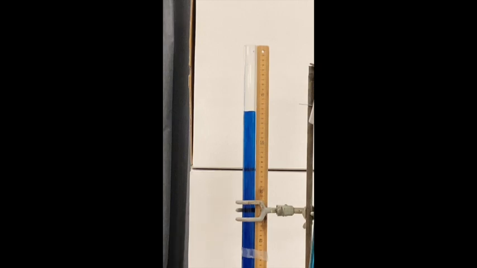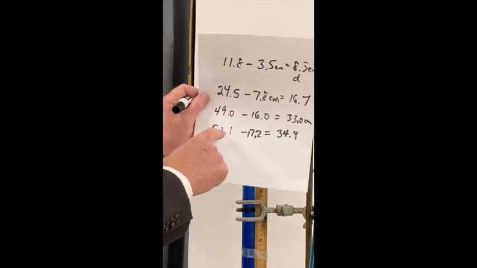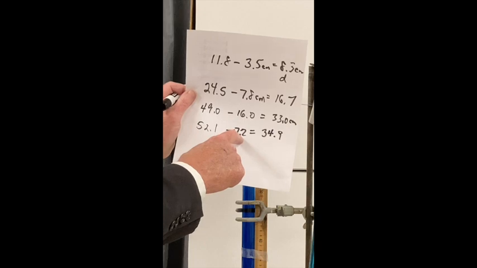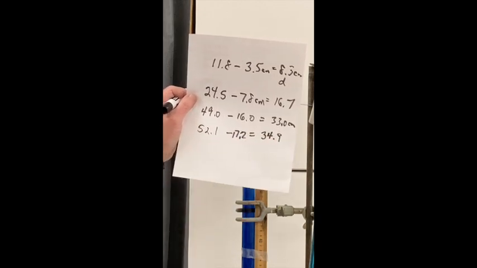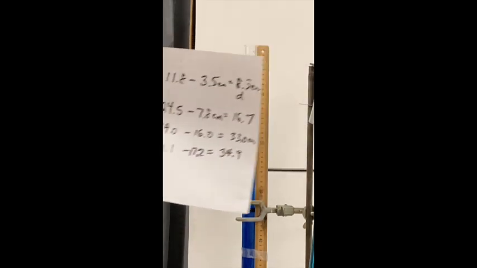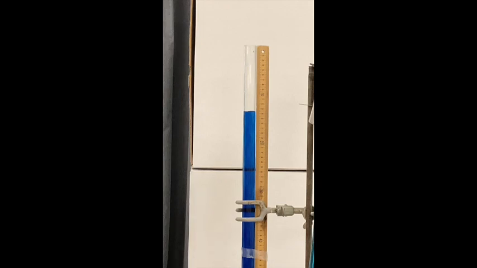All right, so for the 480, I get 52.1 minus 17.2 is 34.9 centimeters. So then I'll go through the analysis of the lab with you here after this, okay?